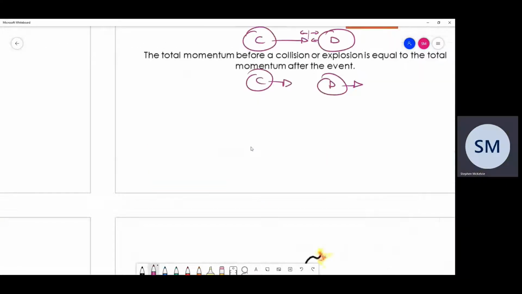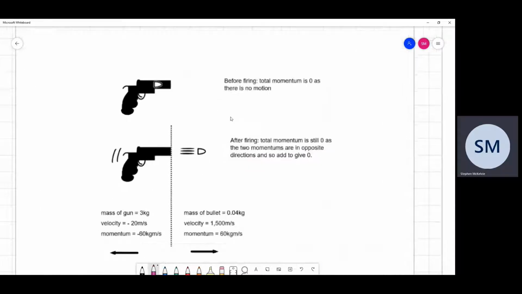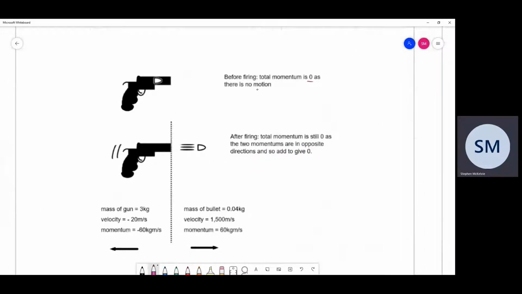And here are some examples. This is a gun with a bullet in it. Before firing, the total momentum is 0 because there is no motion. So if the gun has a mass of 3 kilograms and a velocity of 0 meters per second, then the momentum can be given as mass times velocity. The momentum will be 3 times 0, which equals 0 kilogram meters per second.